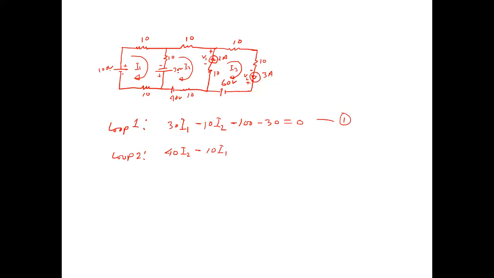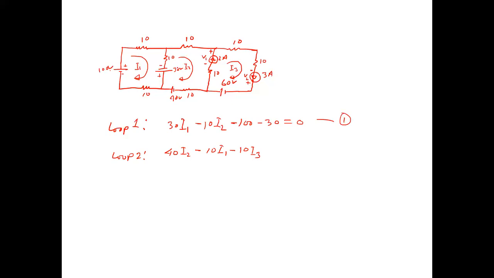And this resistance is used by this loop, so minus 10 I3. Okay, this resistance is only used by this loop, so this is finished. Okay, this part is finished.